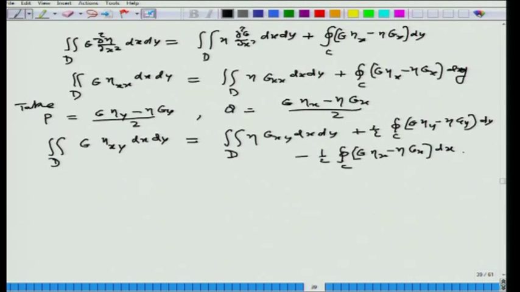Now, we go to the 3 dimension case, and we will have the following result.